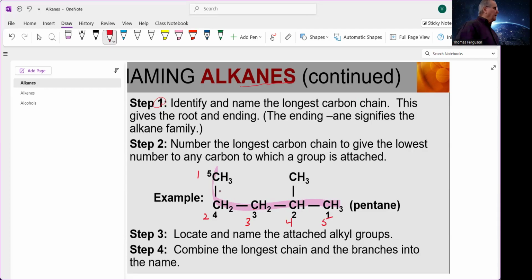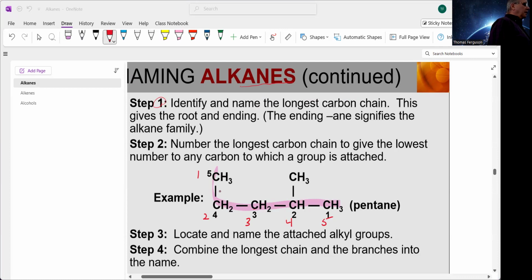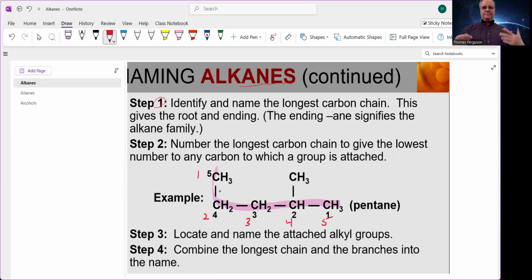So we now have a choice. It's either coming off of carbon number 2 or carbon number 4. Which is correct? In this class, it's always the lower number. We're going to see this throughout the naming. Always the lower number between the two. So we're going to disregard the red numbers because that'll put the branch at 4 rather than 2.